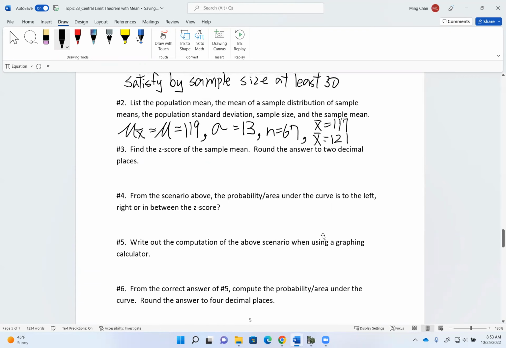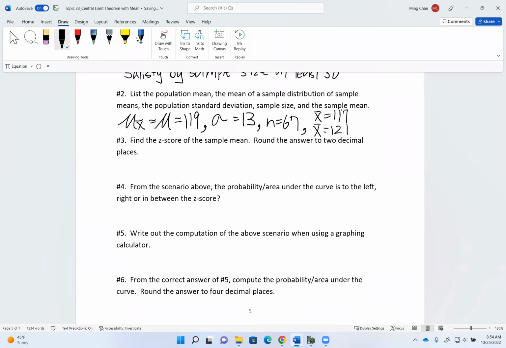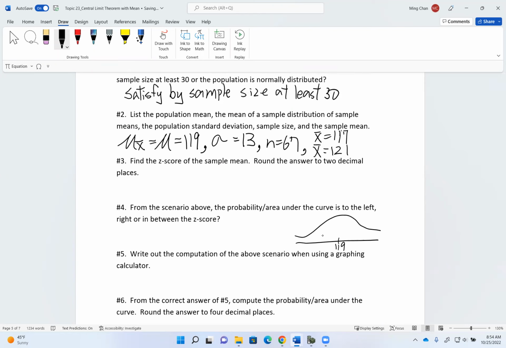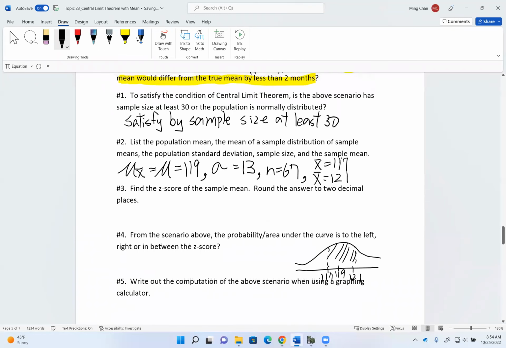Because the true mean is at 119, differing by less than 2 months means within 2 months of that 119. So 117 and 121 are within 2 months of 119.